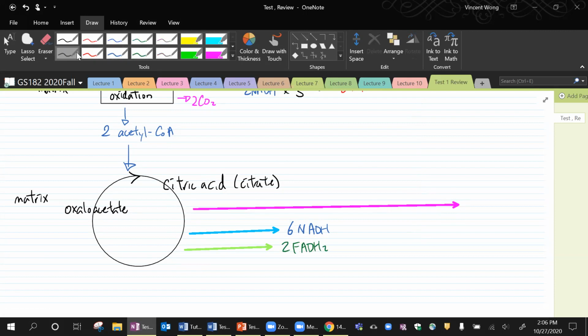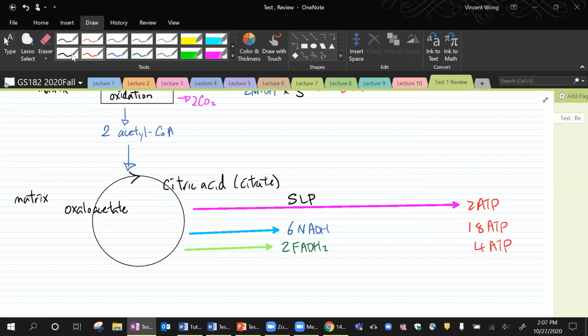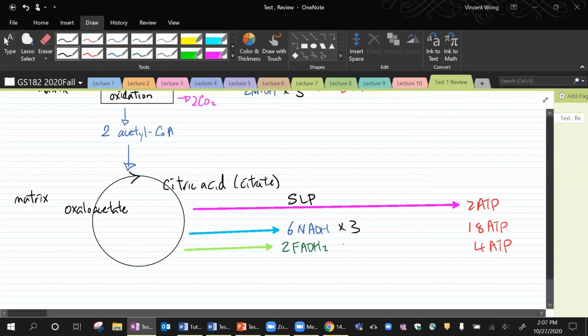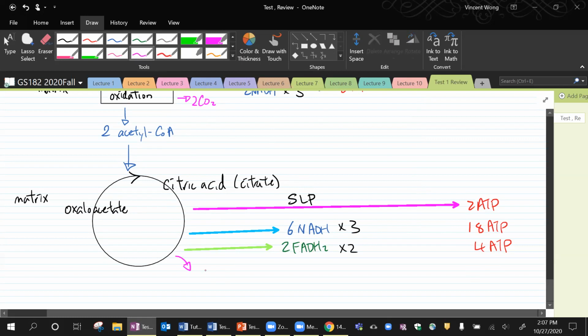Okay, and this is through substrate level phosphorylation. You get 2 ATP. Over here, 6 times 3 is 18 ATP. Over here, 2 times 2 is 4 ATP. So times 3 times 2. That's how you come up with that. And lastly, you will also be releasing 4 CO2.